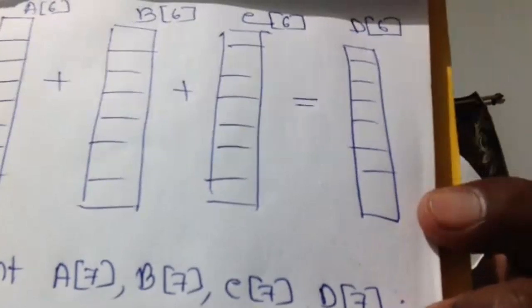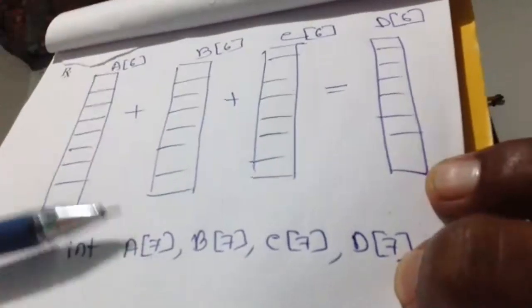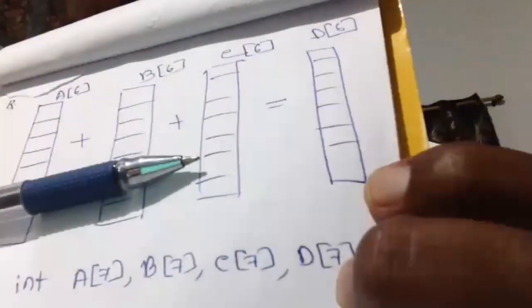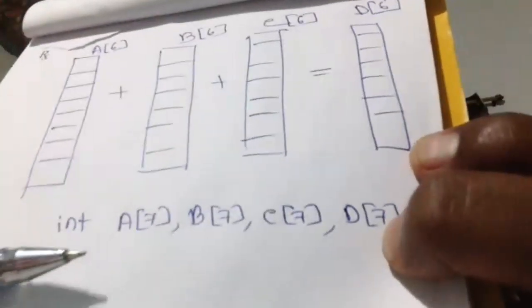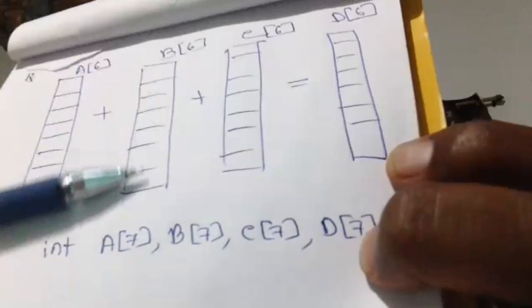What is the garbage problem? I'll tell later. Suppose you have 4 elements in the array, then you have to declare 5. Here, how many do I have? 6. I declare one more, that is 7. Is it visible? Yes, sir. I have 6 locations in the application, but I declare 7.